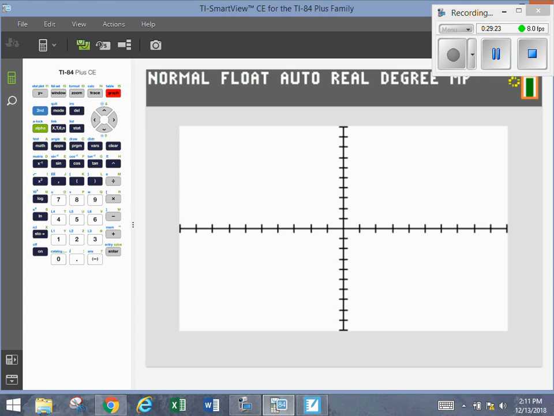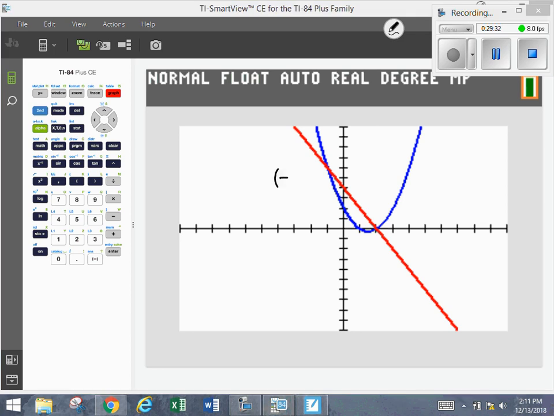I hit graph. Boom! Where do these two things intersect? Looks like we're at the point negative 1, 6, and the other one is at the point 2, 0. Boom. Easy. Very little algebra required.